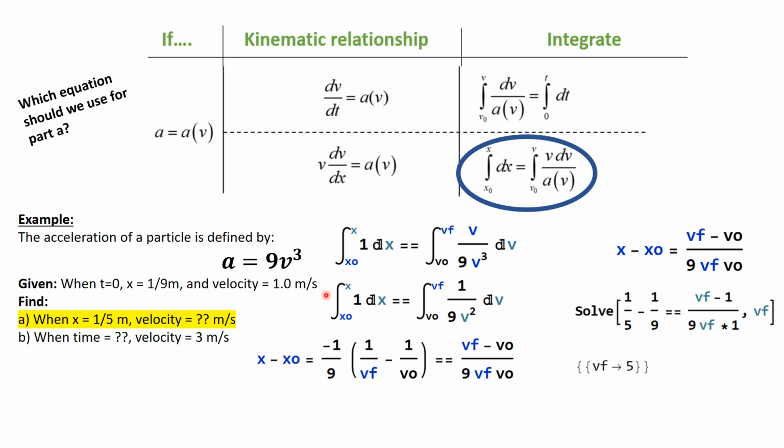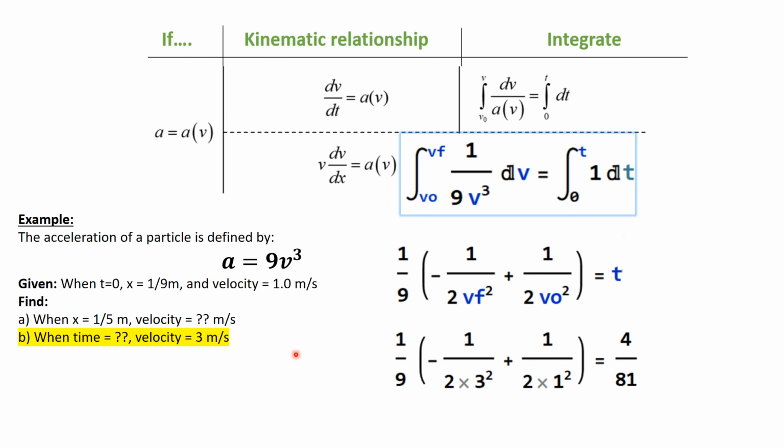Our initial velocity is 1, so we're plugging in our initial velocity, and all we have left to solve for is what our final velocity is. So our velocity is 5. When our position is at 1/5, our velocity is at 5, according to these given conditions.